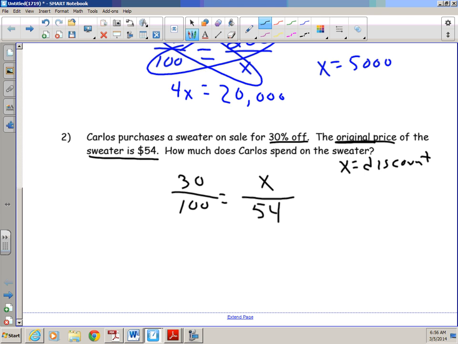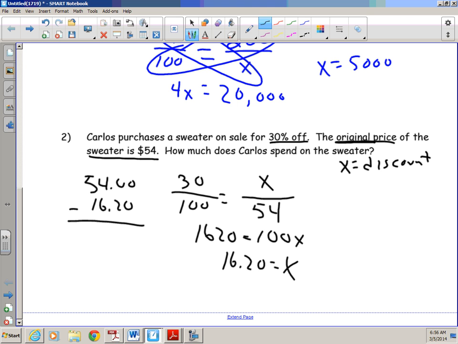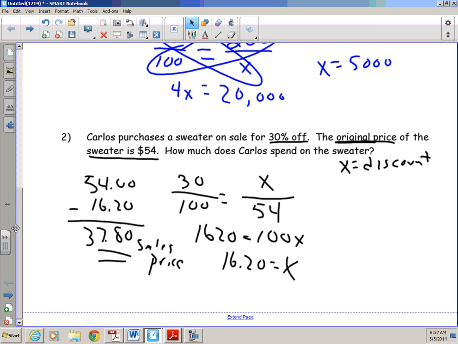Again, I cross multiply. So I get X is 1620. That's the discount. And then I know I have to subtract from there to get the sales price. Okay? If it were a markup, it would go the other way in that you would add to the price.